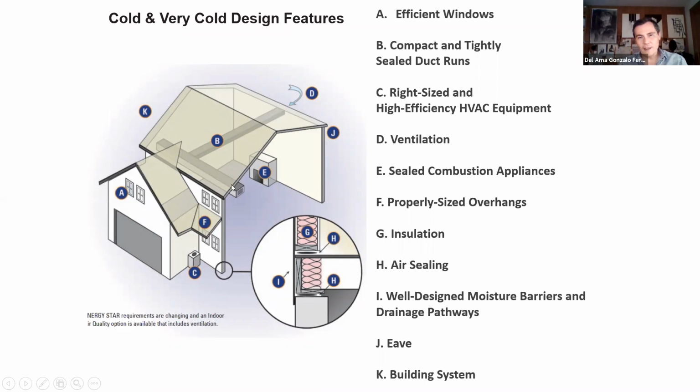Those ducts are going through walls, sometimes through the roof. So we need to seal those duct runs tightly. If we have this duct going through that wall, we have to seal this because otherwise there will be air leaks, and air leaks means that we are losing a lot of energy.